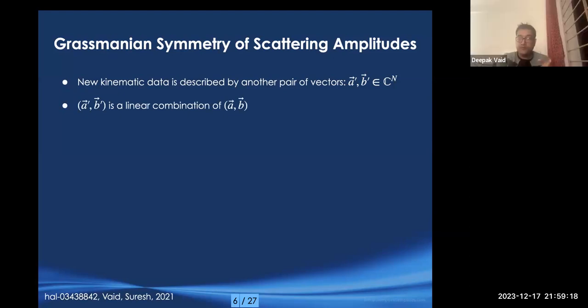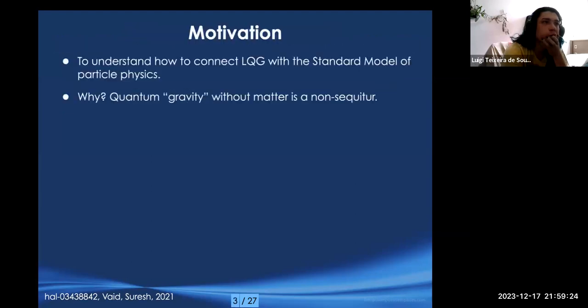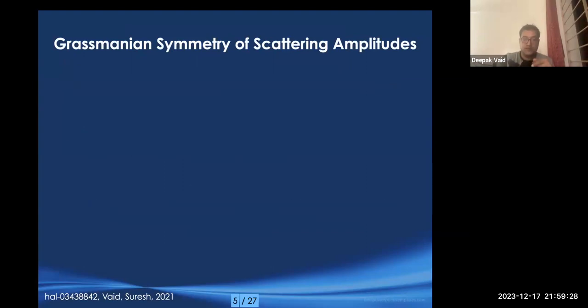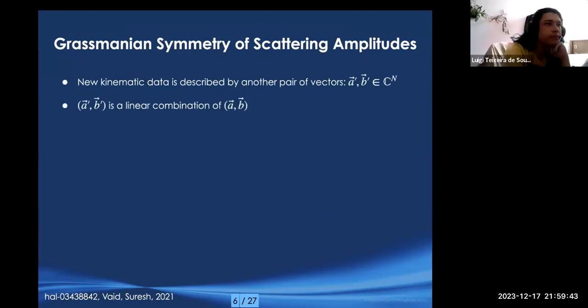But A prime and B prime are a linear combination of A and B. You can see from this that each component is a linear combination of the other, so the whole vectors are linear combinations of the other two.